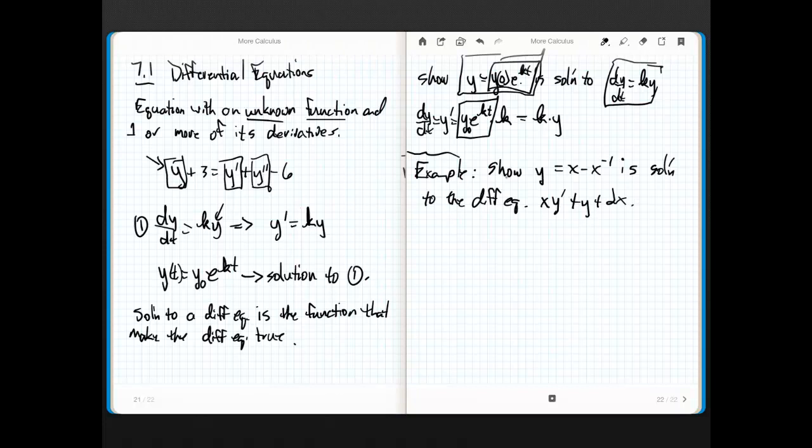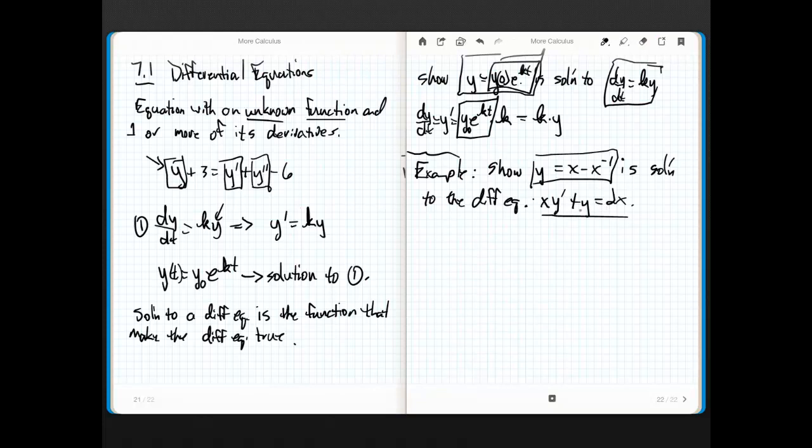Okay, fair enough? So I am claiming that this function is a solution to this differential equation. Whoa, did I say plus 2x? I'm sorry, that's supposed to be equals 2x.